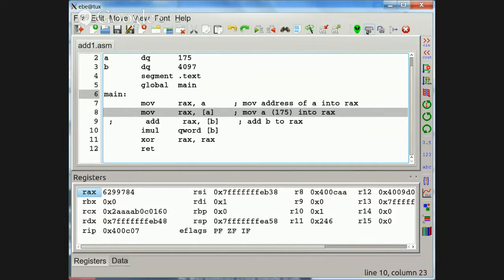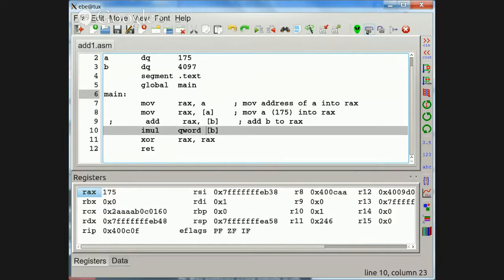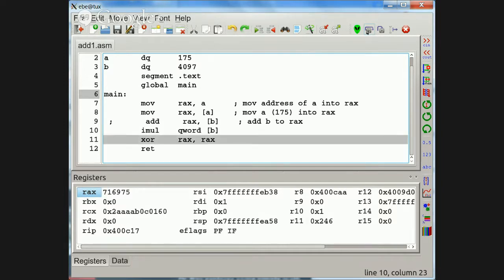All right. We're about ready to do the imul. Observe the registers and tell me what all changes. Got it memorized? What changed? RAX. Anything else? RIP. Well, RIP modified.